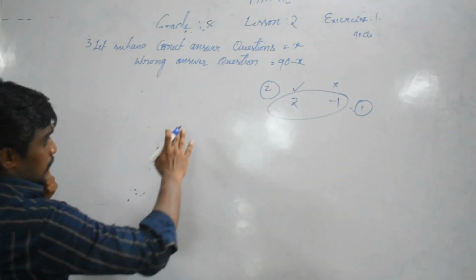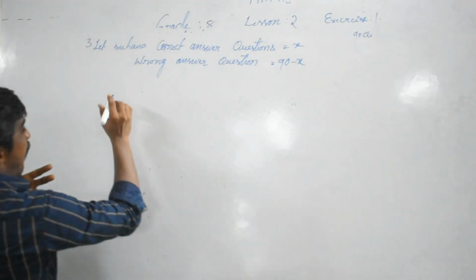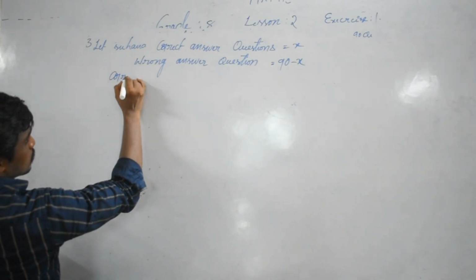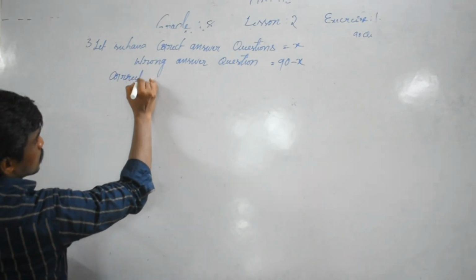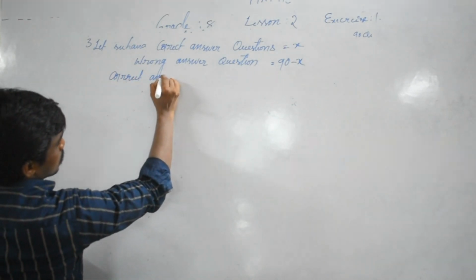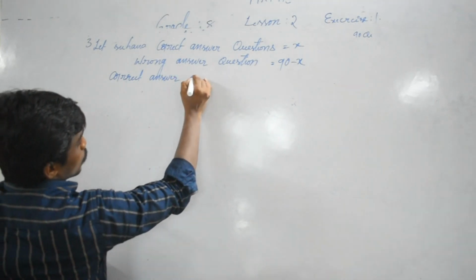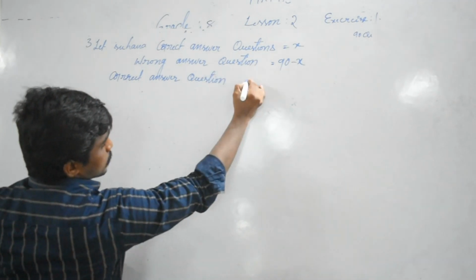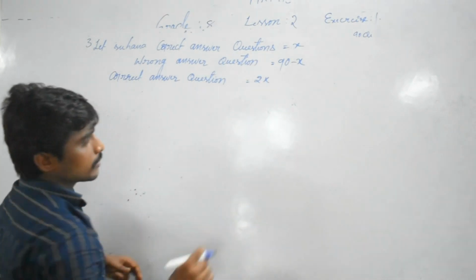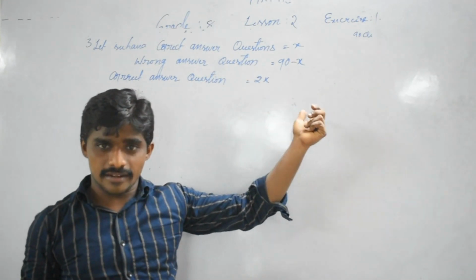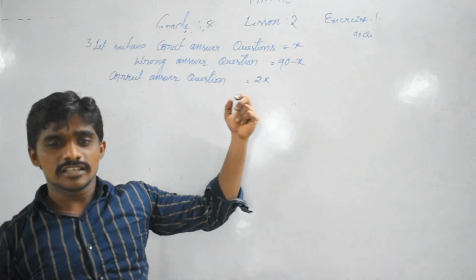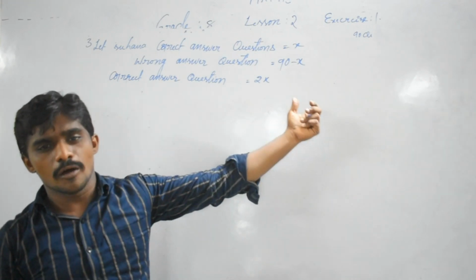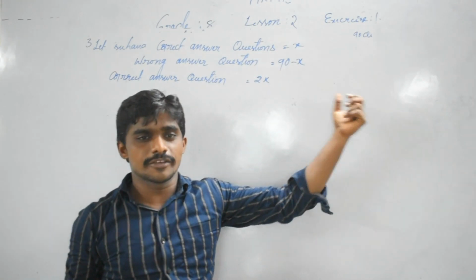So next, correct answer question marks: 2x. Why? x questions are correct, and each question is 2 marks. So 2 into how many correct answers, total we know.